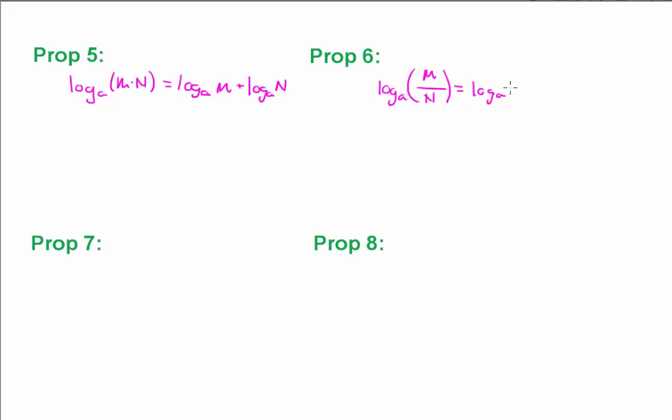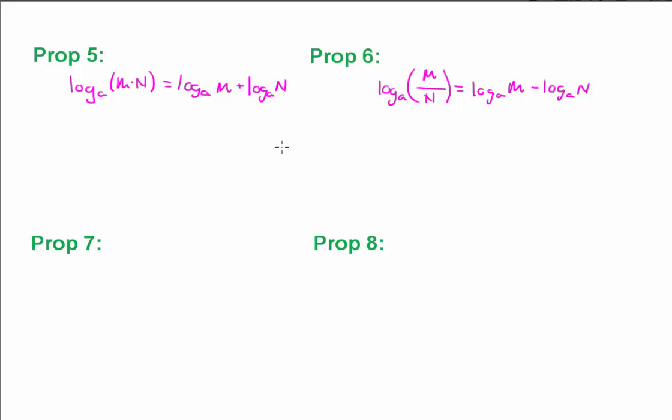So this will become log base a of m minus log base a of n. And you can think of that similarly to what we experienced in properties of exponents: when you're multiplying exponents with the same base, you're adding the exponents, and when you're dividing, you're subtracting the exponents.